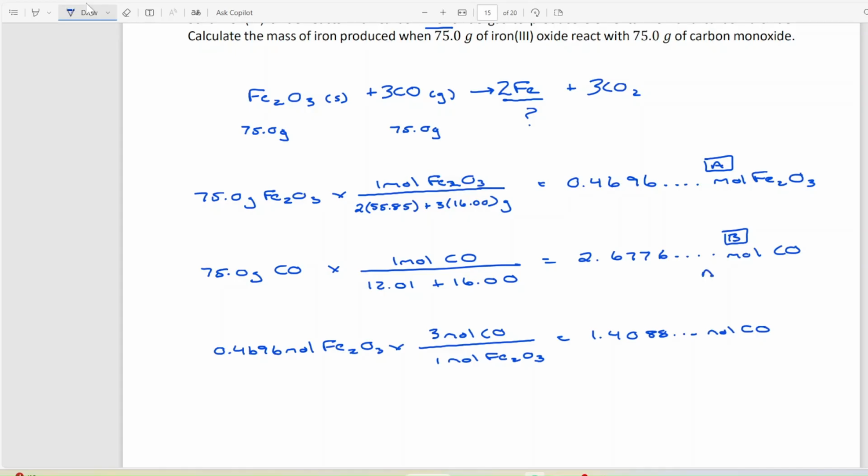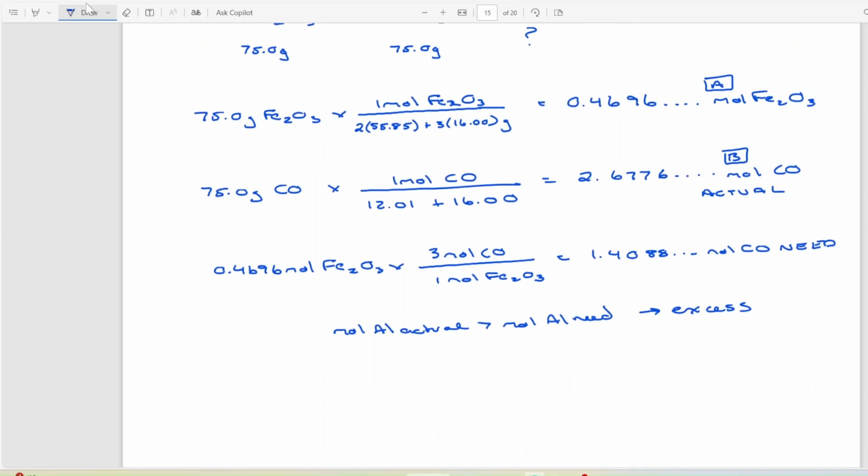Since now this is my actual, this is my need. Since my moles of carbon monoxide actual is more than the moles that I need, therefore it's in excess. So my limiter is going to be what I thought it was, which is my iron 3 oxide.